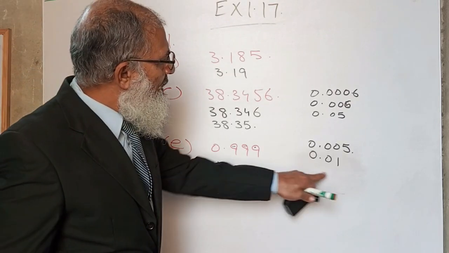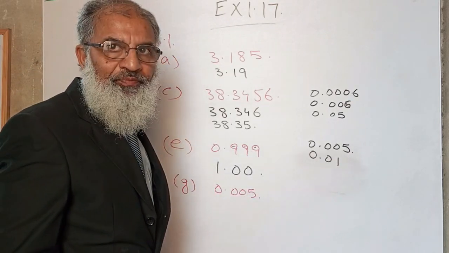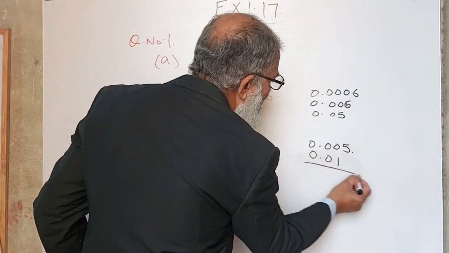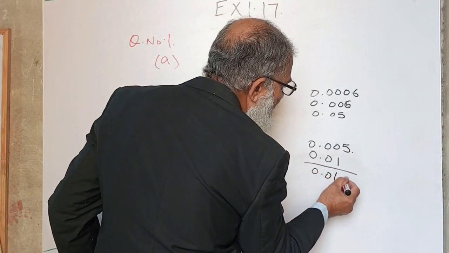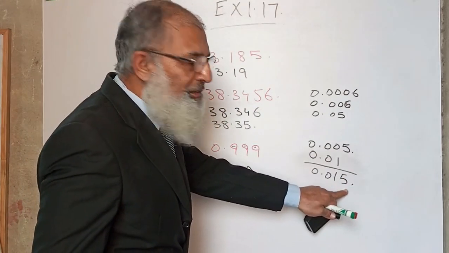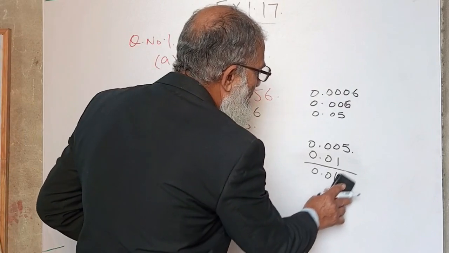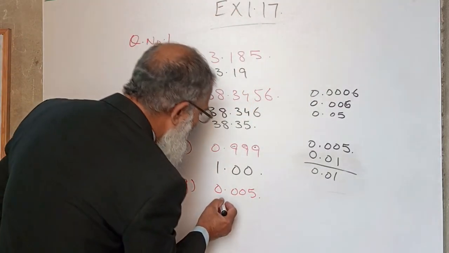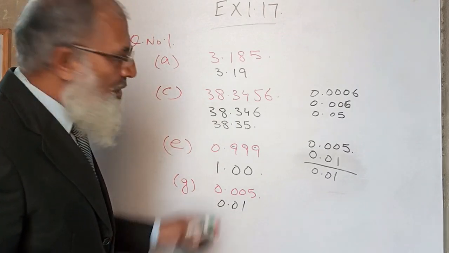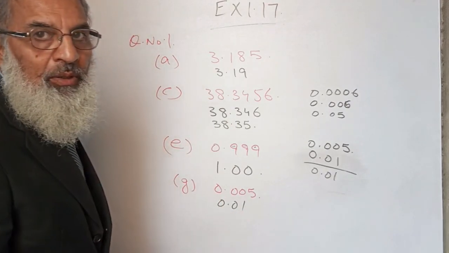Now we have to round this, so we add 0.01 over here. Just ignore this one. So what will be your answer? 0.01. Now this is true up to two decimal places.